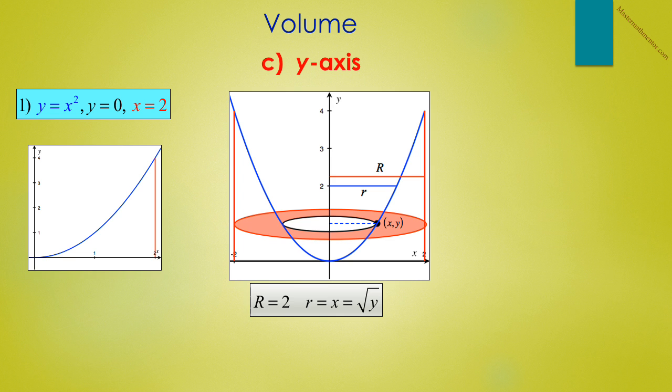But this is a dy problem, as washers are stacked vertically because we are rotating this about a vertical line. So variables must be in terms of the variable y. Since y is equal to x squared, x is equal to r, which is equal to the square root of y.